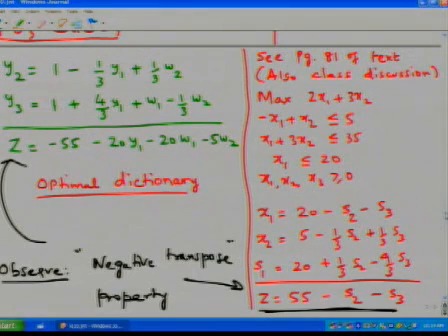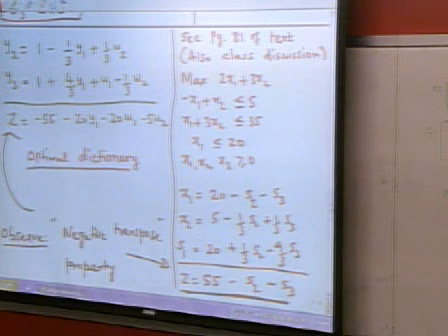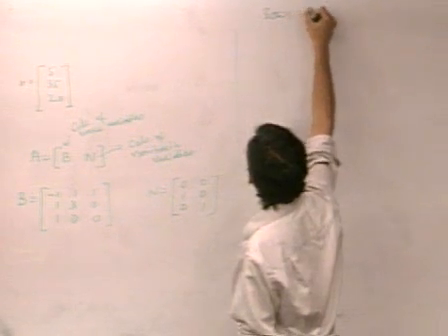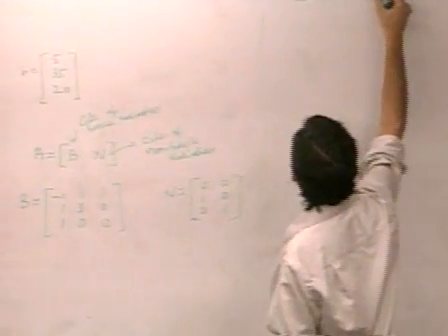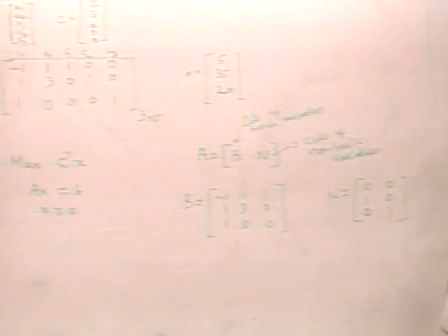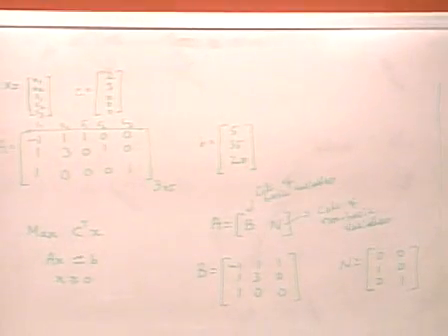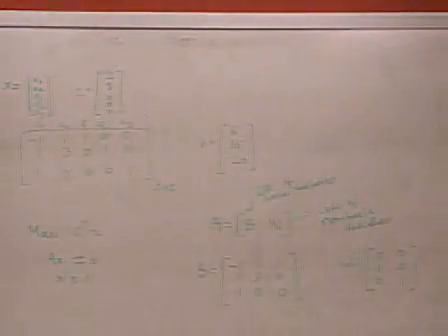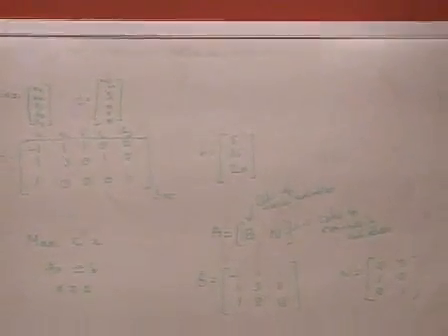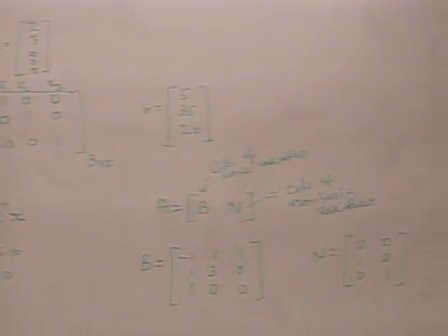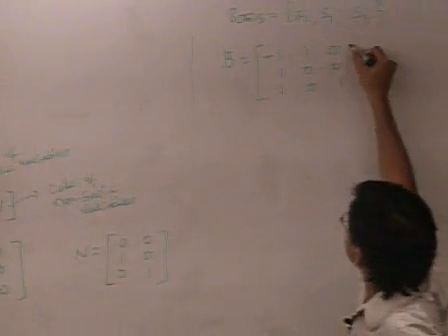Of course, if you have to reorder, suppose the basis is x1, s1, and s3. Then the B matrix is going to be -1, 1, 1, 1, 0, 0, 0, 0, 1.